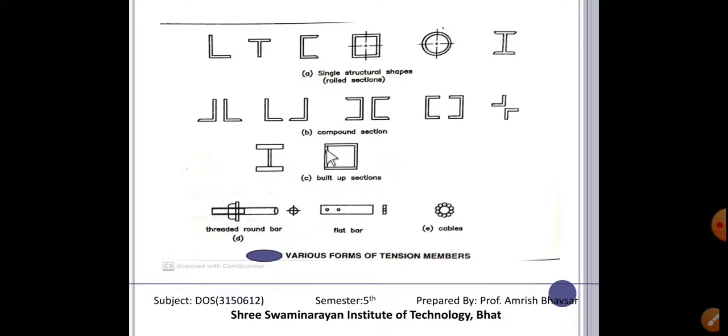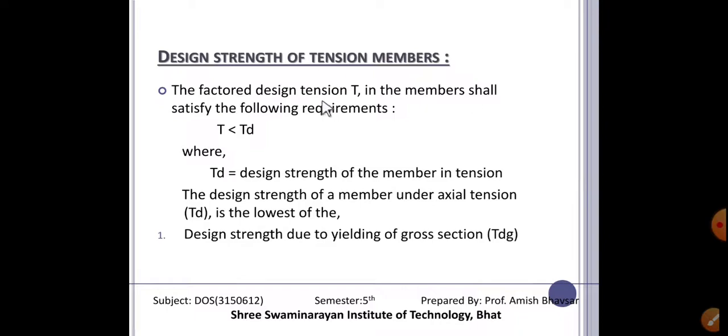Right? For that we have to design that member first. Now for the designing of a tension member we must know how much capacity that member has and how much tensile force it can take, that we have to decide with the help of our codes.